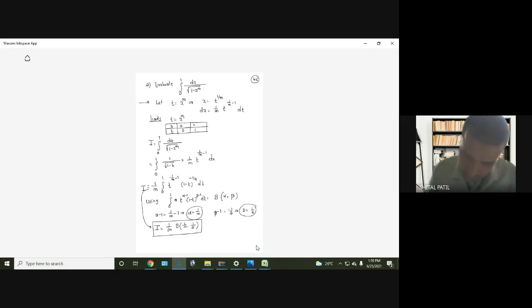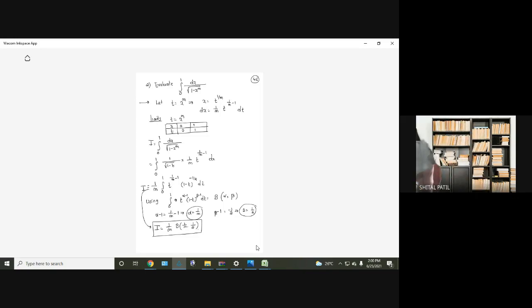Sure. Next page. Any doubt here? Any doubt? 1 minute. Right. No problem. Take your own time, write it. Yes, is it okay?